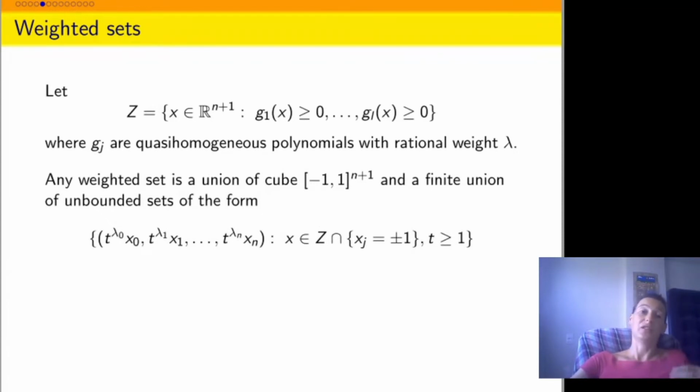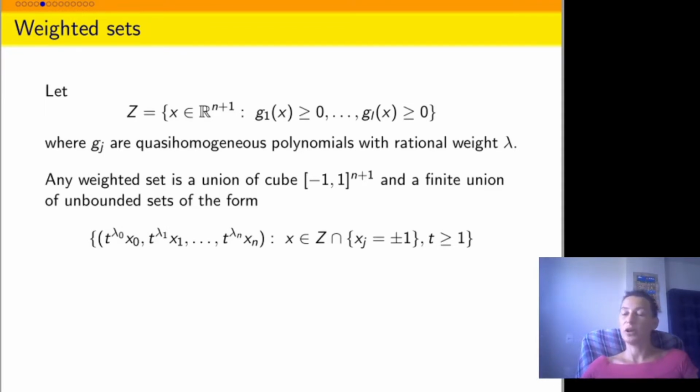Any weighted set can be seen as a union of the cube minus 1, 1 to the power n plus 1, and the finite union of unbounded sets of the form t acting on x with the weight lambda, where x belongs to Z intersected with hyperplanes xj equal plus minus 1, and t being bigger or equal than 1.